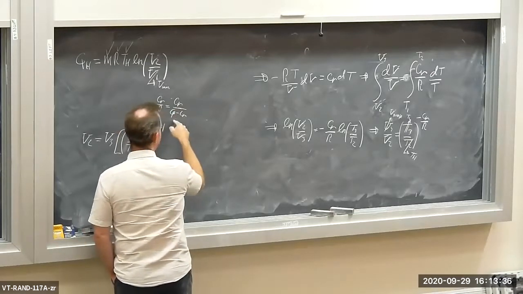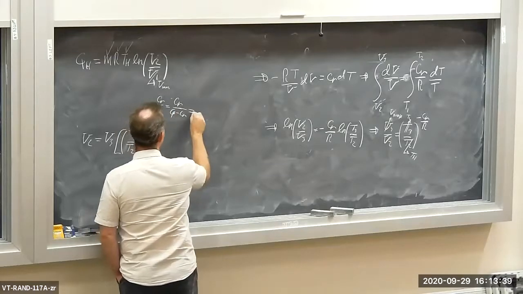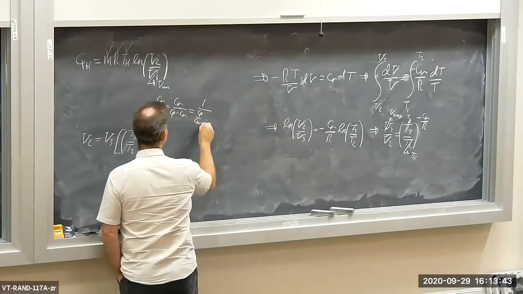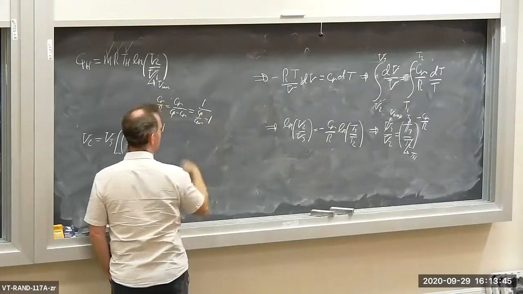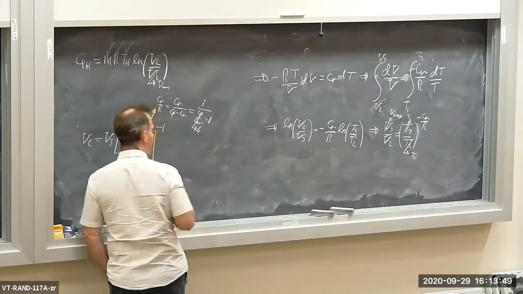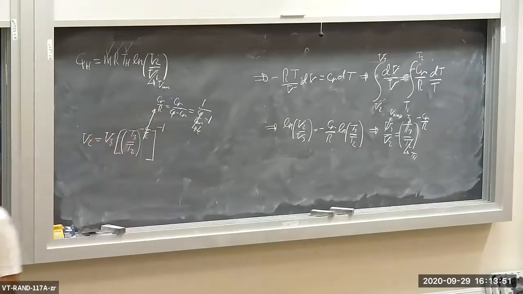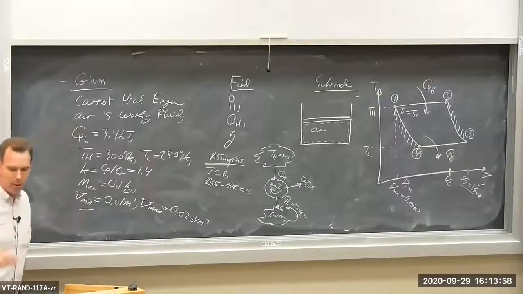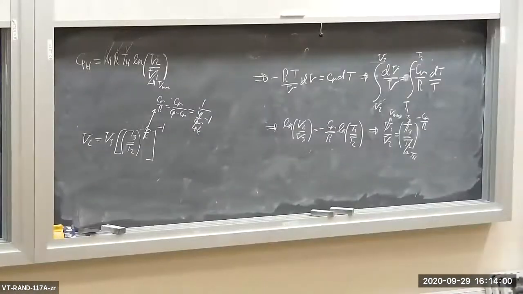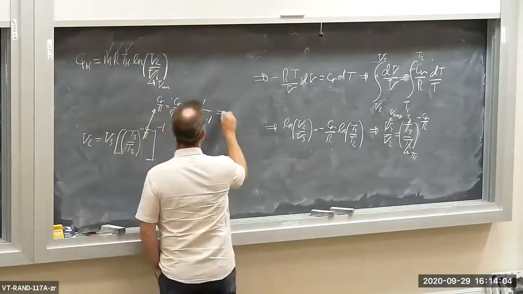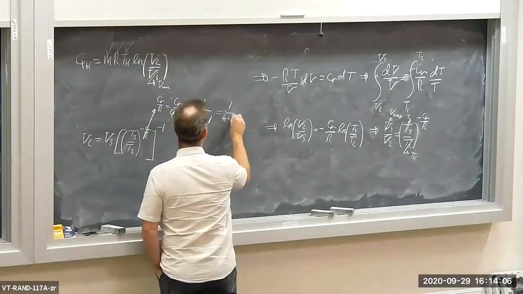Now I'm going to divide top and bottom by CV, and so I get 1 over CP divided by CV minus 1. CP over CV is K, which I defined previously in the givens as 1.4. So this is equal to 1 over K minus 1.